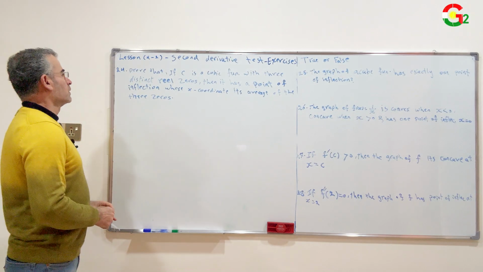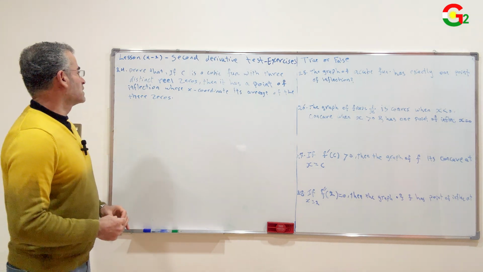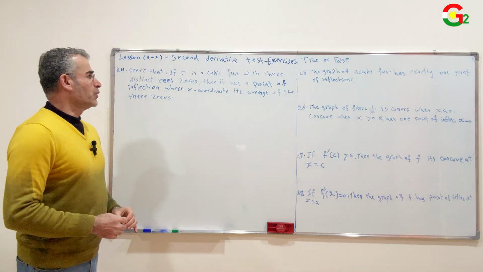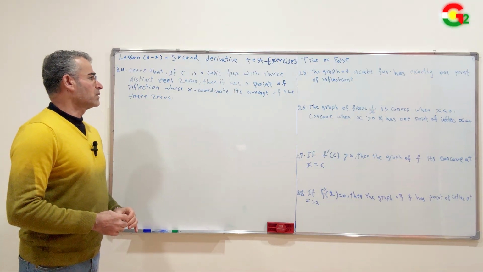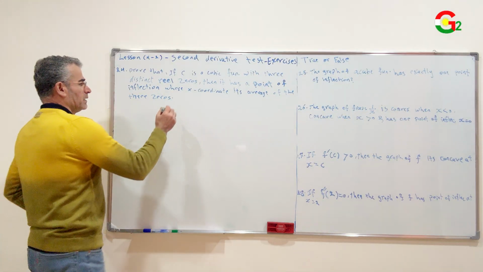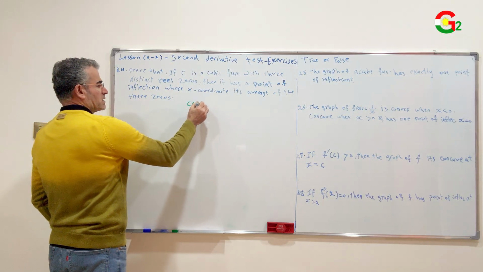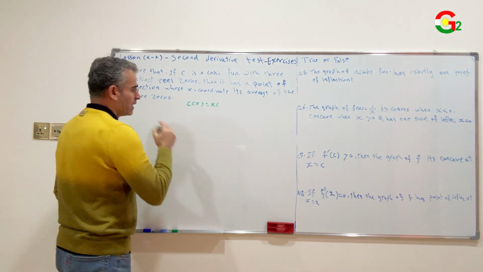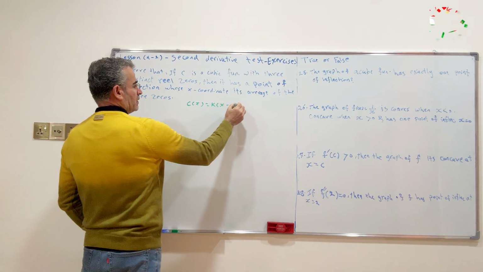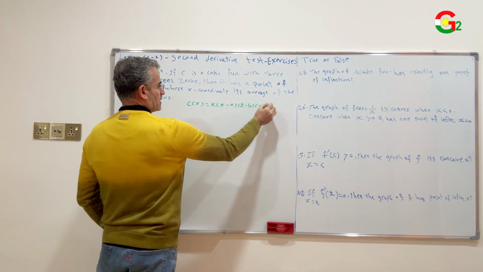Number 24. Prove that if c is a cubic function with three distinct real zeros, then it has a point of inflection whose x-coordinate is the average of the three zeros. Let the function be c of x equal to k, and the distinct zeros are a, b, c, so c of x equals k times (x minus a)(x minus b)(x minus c).